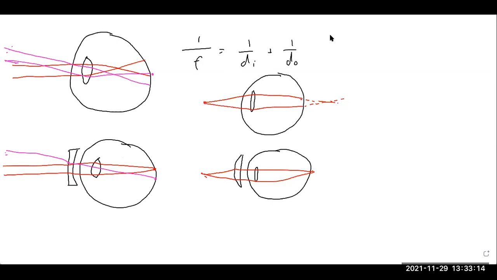So if you had, instead of a conventional lens, something like a cylindrical lens, a cylindrical lens, if you look at it from one way, it bulges out.